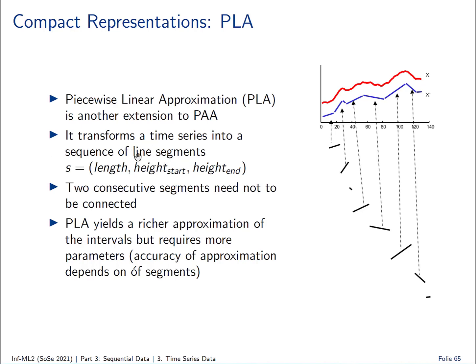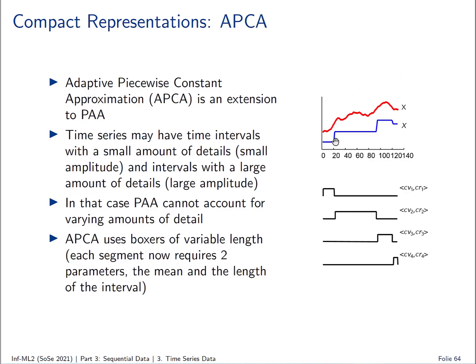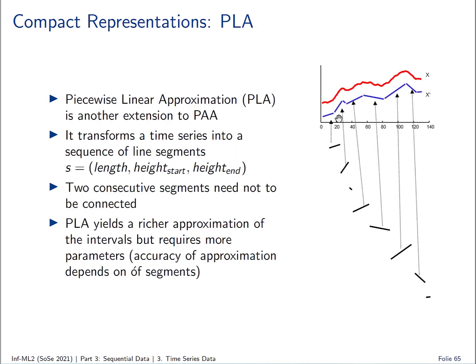That is an even richer representation than before. The downside is two consecutive segments need not be connected, as here also, because we have these jumps here, and the same holds true here. But it yields a richer approximation of the intervals. But again, since it's richer, it requires more parameters, but that's somehow obvious, I would say.